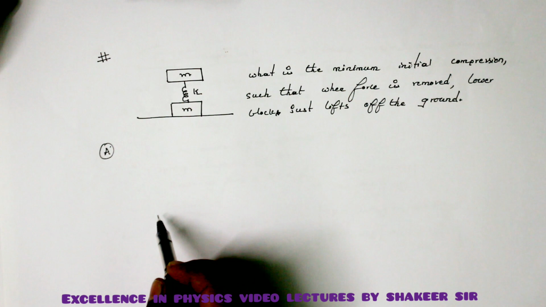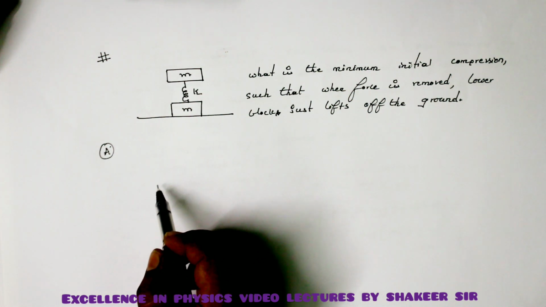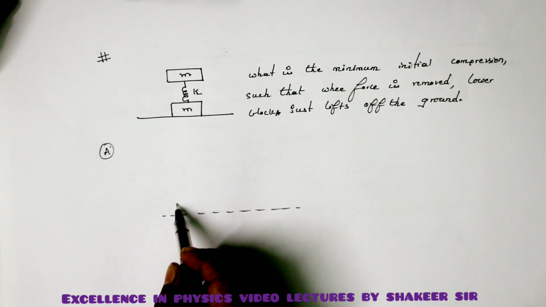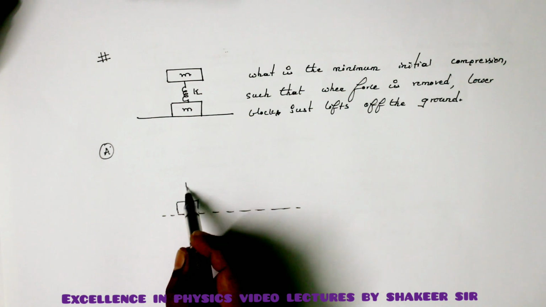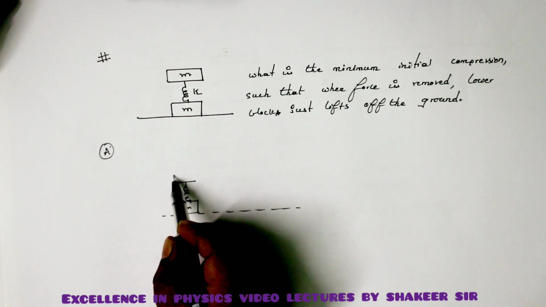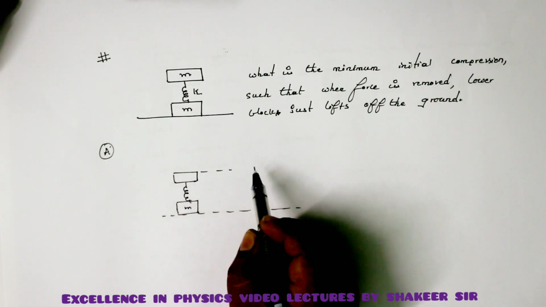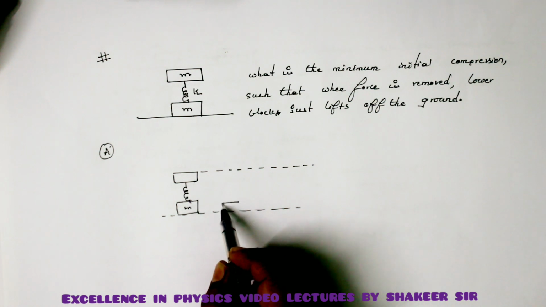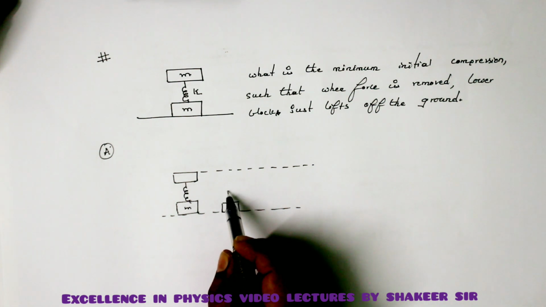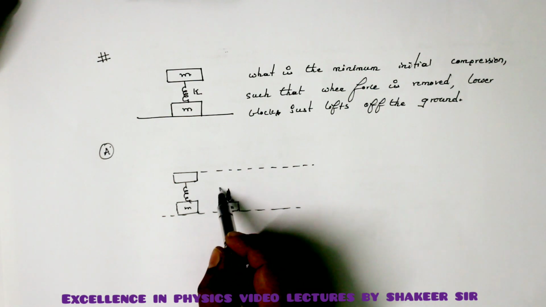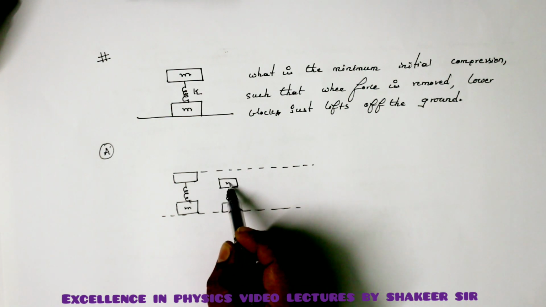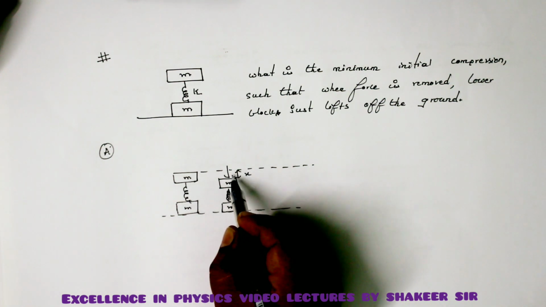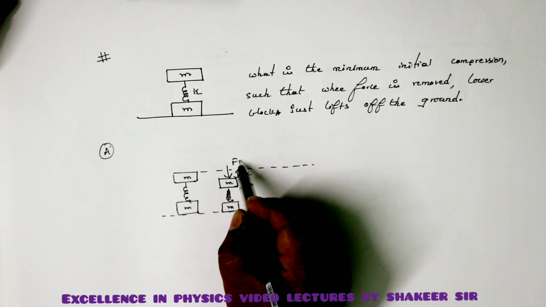First let us try to draw the condition when forces are not applied. Then this is mass m, this is the spring, and this is another mass m, and this is my mean position. Now I have applied some force, and this is the same mass m, but the spring is now compressed, and this is another mass m, and let the initial compression be x, by applying a force of F in this condition.